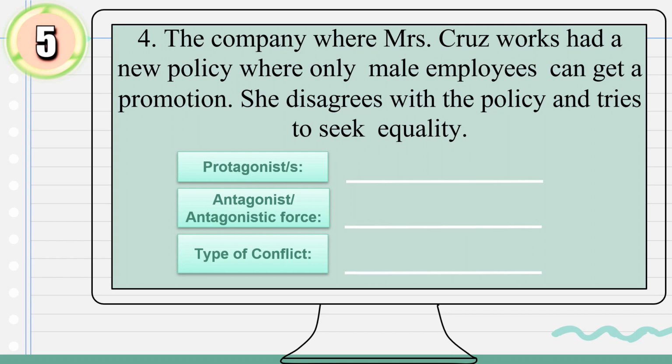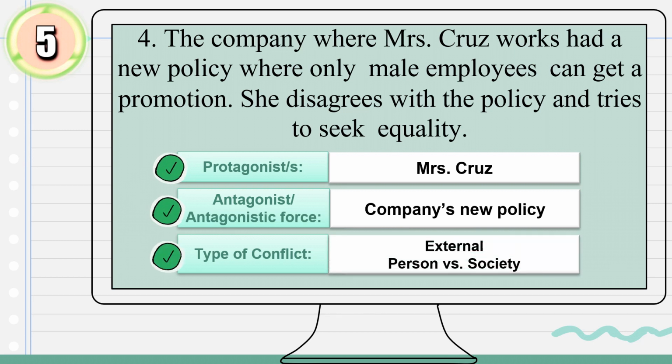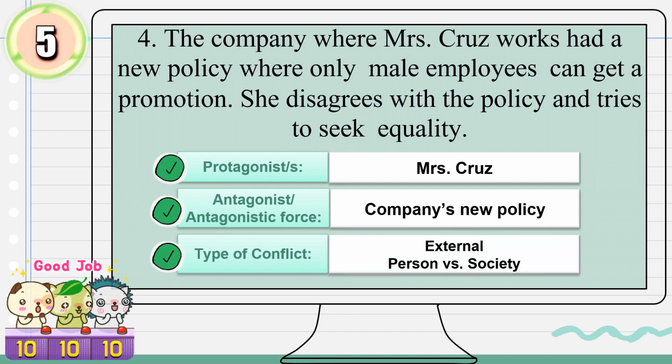The protagonist is Mrs. Cruz, and the antagonist and the antagonistic force are the company and the company's new policy. What type of conflict is this? This is external, person versus society. Great!